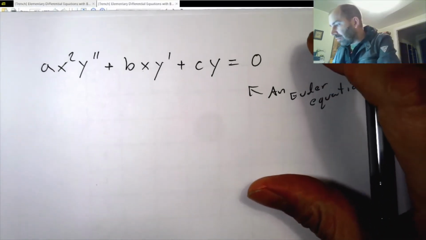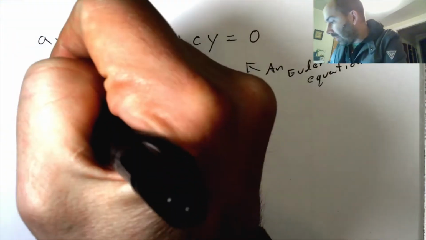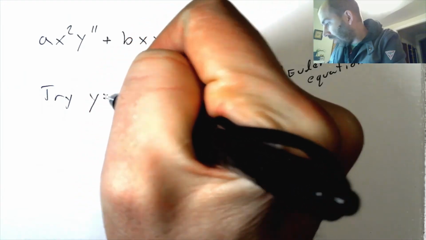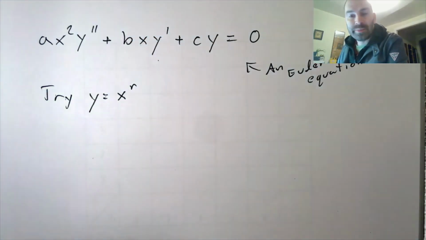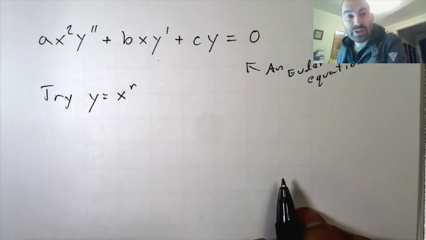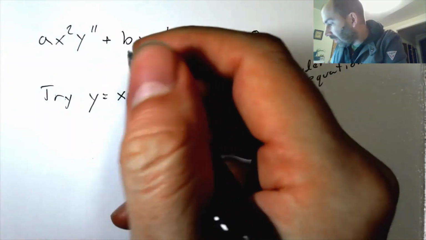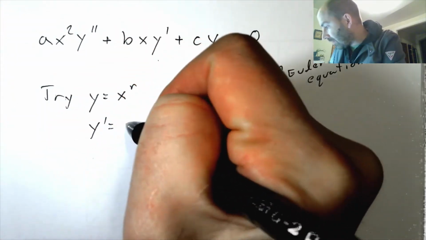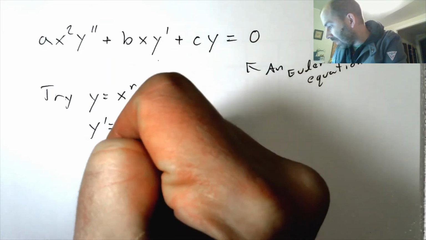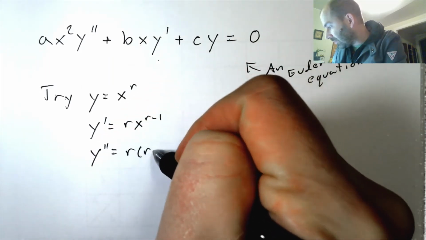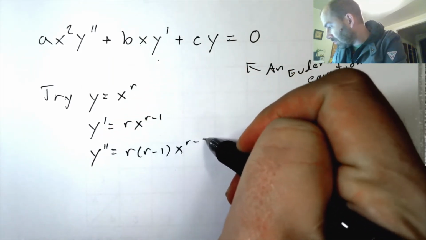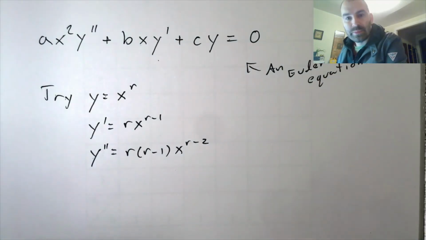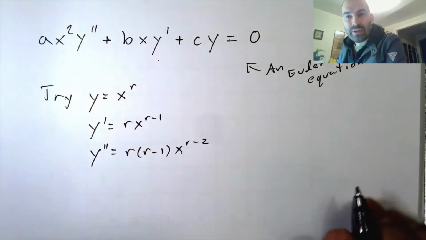Okay, so what do we try? Well, like we did before, we try y equals x to the r, where r may not be a positive integer. Well, let's see what happens here. Then y prime is equal to, and y double prime is equal to, okay, plug this stuff in there. What do we get?